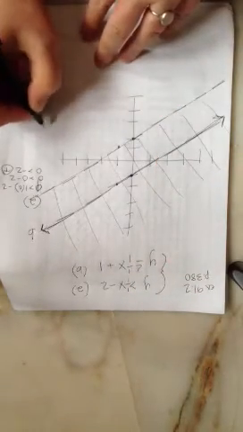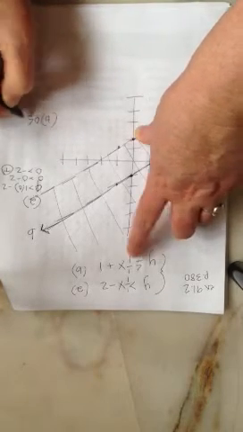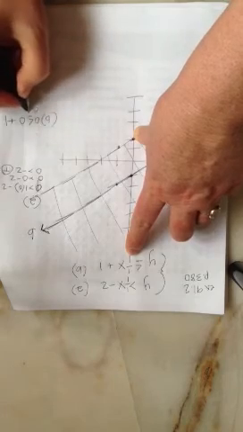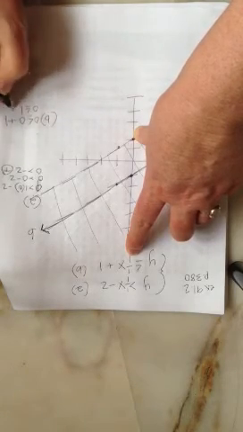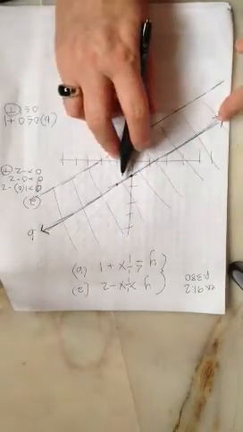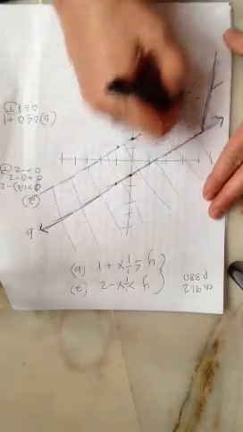Now let's run a test point for line B. 0 is less than or equal to 0 plus 1. 0 is less than or equal to 1. That's true, so we want the origin to be part of the solution for line B too. So what I'm going to do is put those lines at a little bit of an angle.